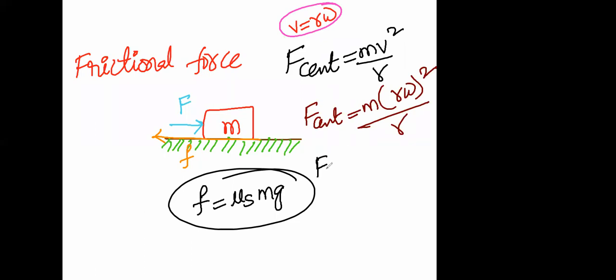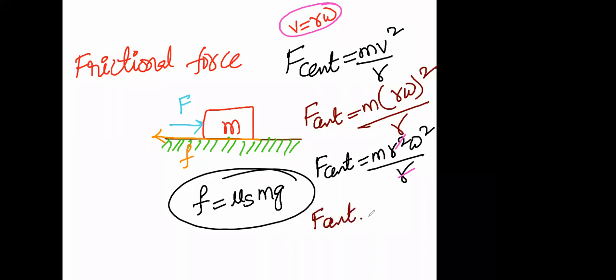Now centripetal force is equal to m r square omega square divided by r. Both in numerator and denominator, r will get cancelled. Then centripetal force is equal to m r omega square.